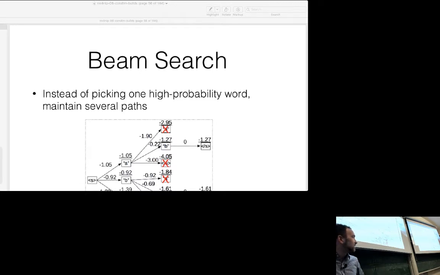Another thing we can do is a different way of generating sentences, which is not finding the maximum probability sentence, but rather finding the sentence that we think will likely have the highest score. This is called minimum Bayes risk decoding. Maybe I'll be able to talk about this at the end of the class, but it's a little bit involved, so maybe I won't talk about it now. These are good questions, though.